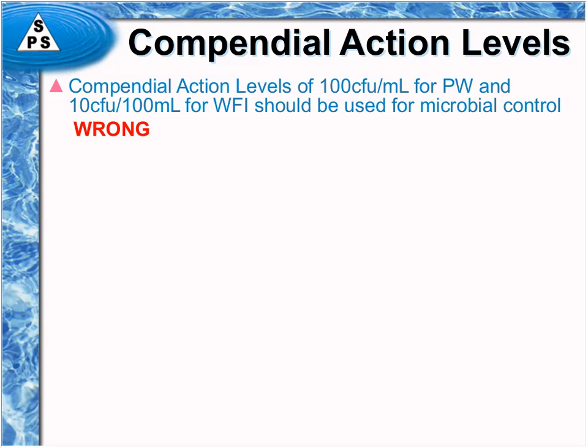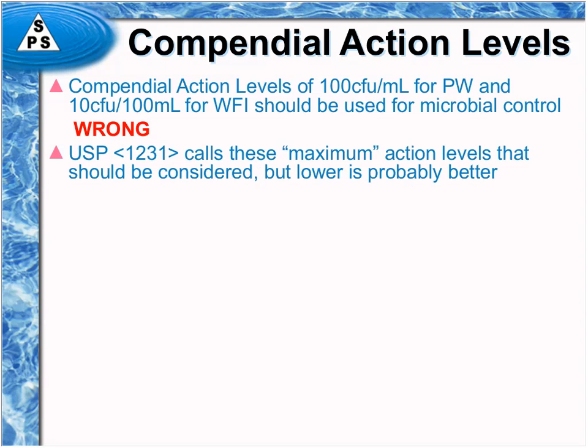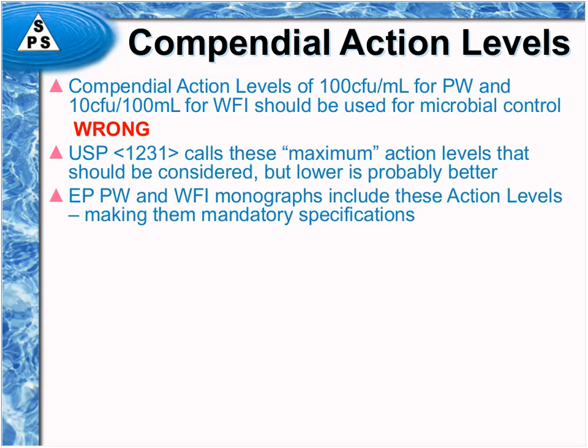Now, we're talking about action levels in the true meaning of the word action level, which is not a specification, but a level that tells you you need to do some in-process control remediation. If you look at Chapter 1231, you will see that it says that these numbers are the maximum action levels that should ever be considered for use. But lower is probably better. A trend-based lower number is better.